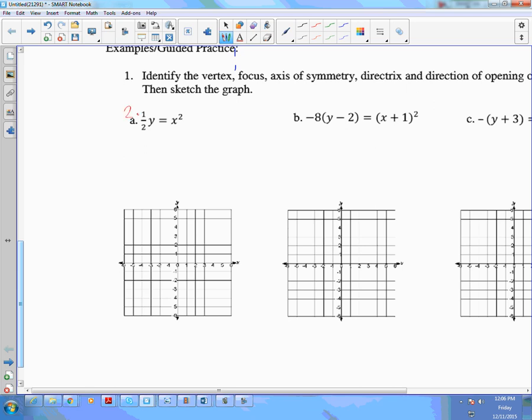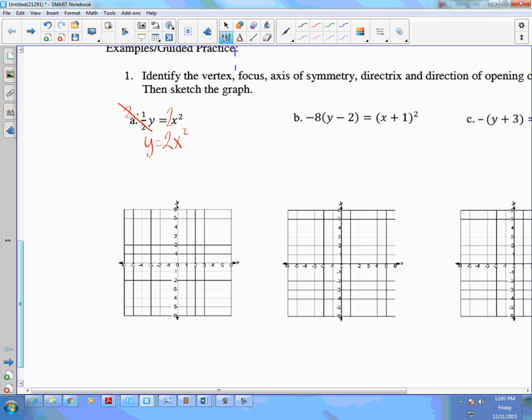We must times on the top, though, or it won't cancel out. So we now have y equals 2x squared. Y equals 2x squared.